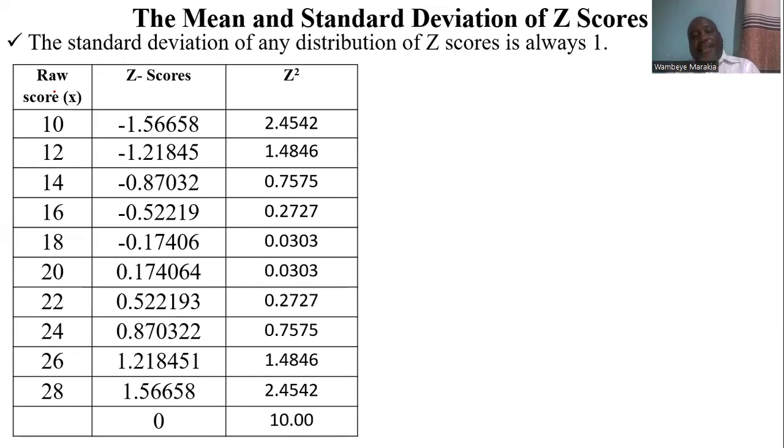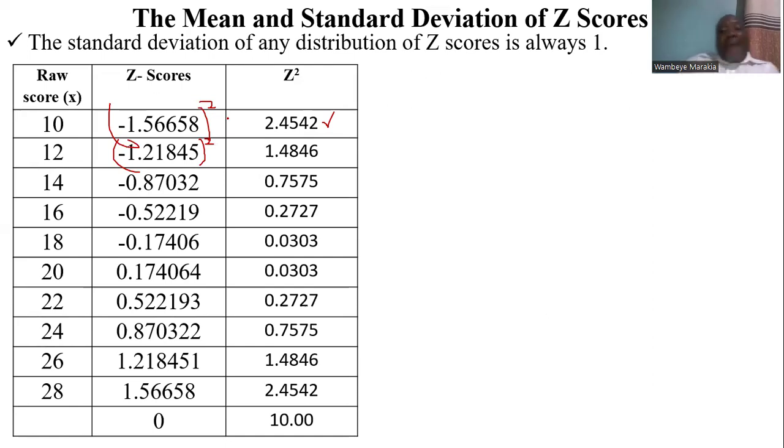To get the standard deviation of the z-scores, we only have to take each value and square it. As you can see from the answers here, I've given the squares in this row. For this value of negative 1.5658, it's 2.4542. I'm squaring it so that I'm able to get the variance of the z-scores.